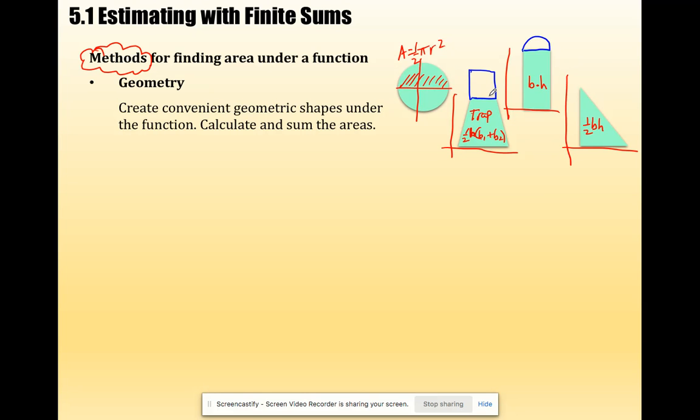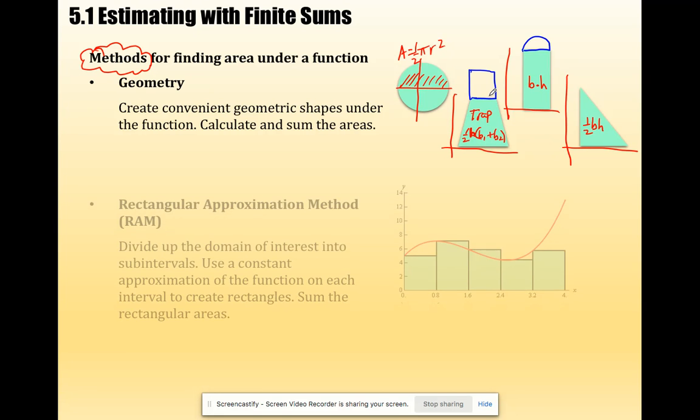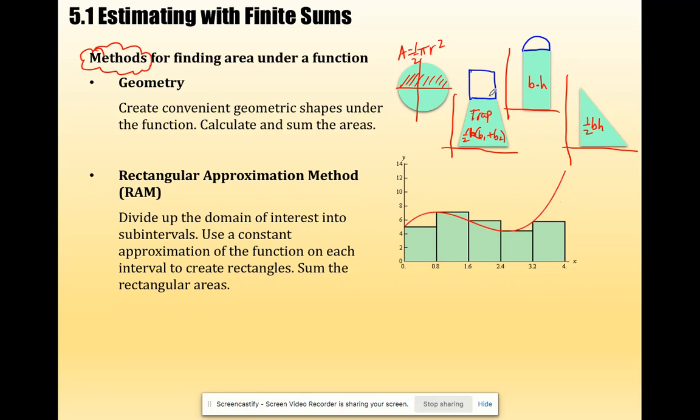First step for finding area under a function: is it just a geometric shape that I know from middle school geometry? If it is not, if my bounds are not constant like a square, linear like a rectangle or a triangle, or circular like a true circle or semicircle, if my bounds are curved, we are going to approximate the area under this shape.